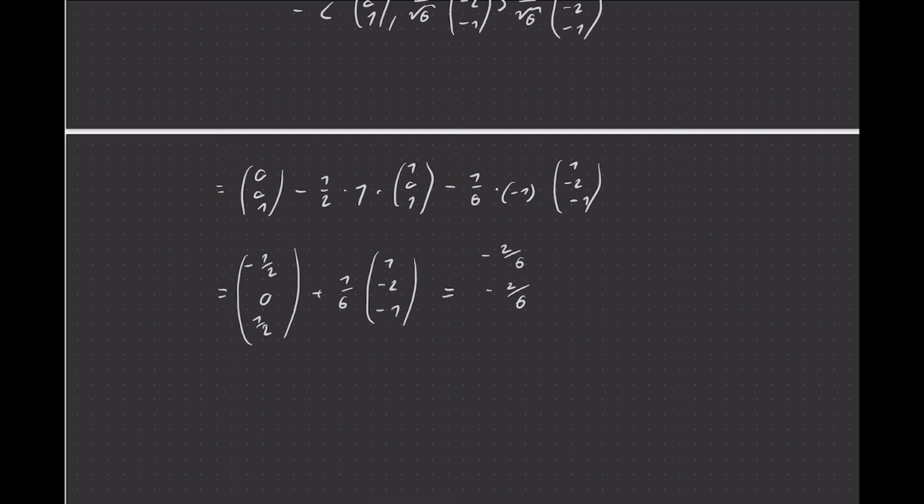And finally, 3 over 6 minus 3 over 6, that's plus 2 over 6. 2 over 6 is 1/3. So in the end, we get 1/3 times (-1, -1, 1).